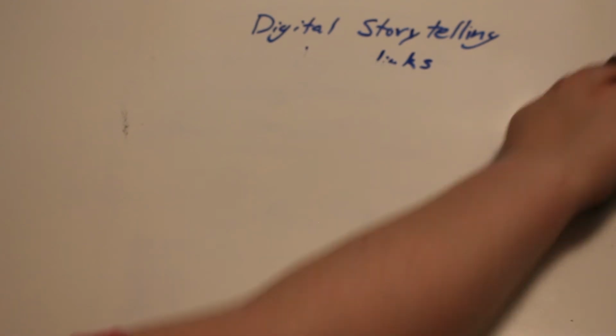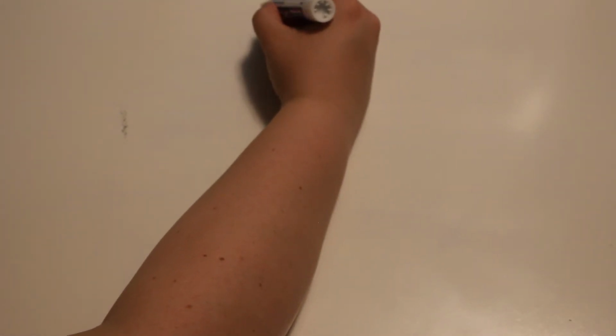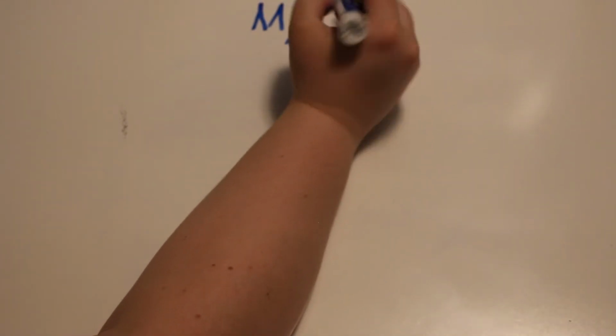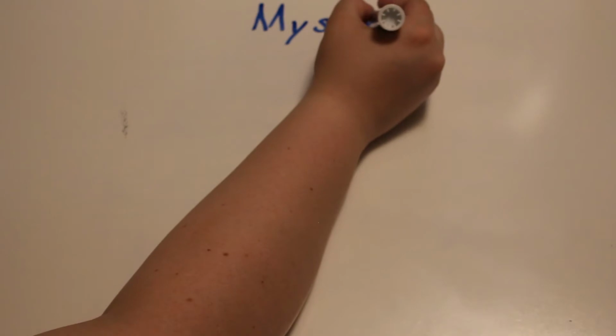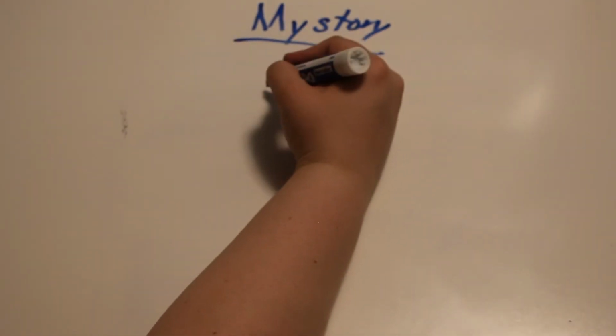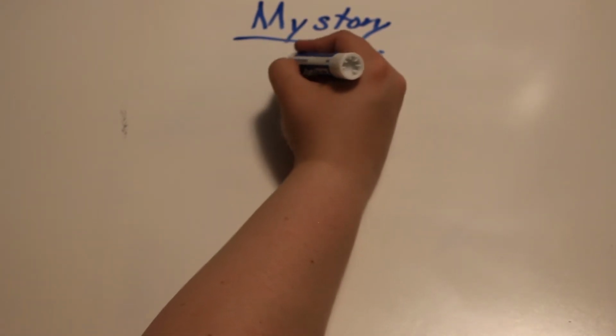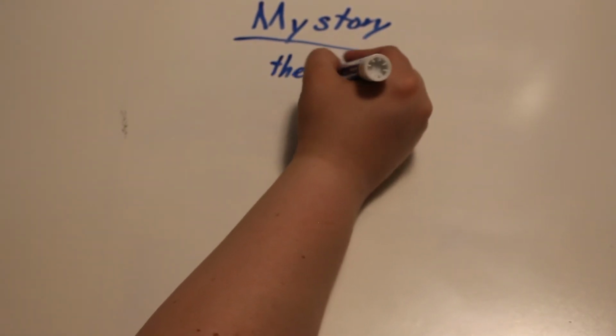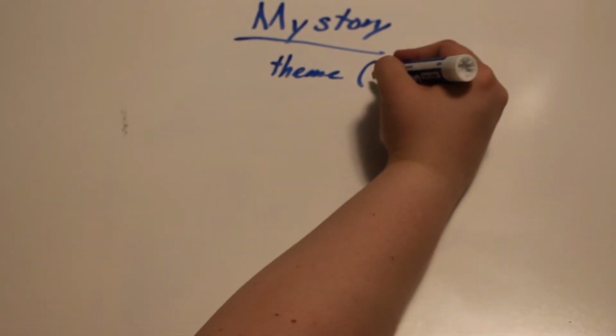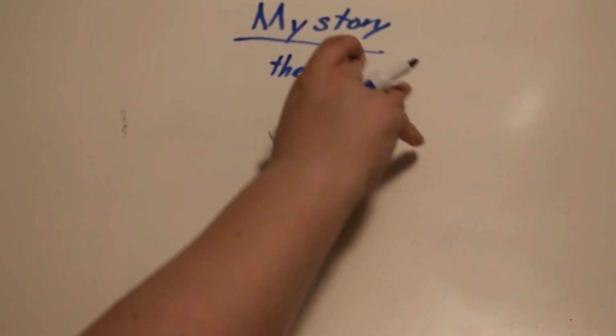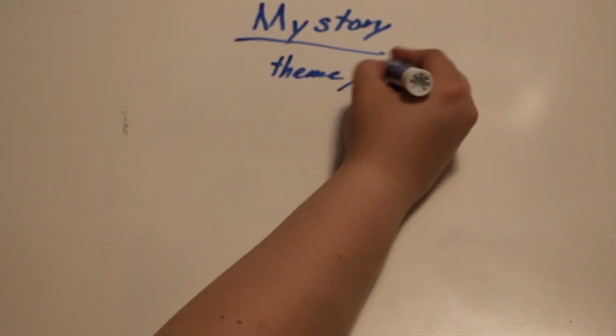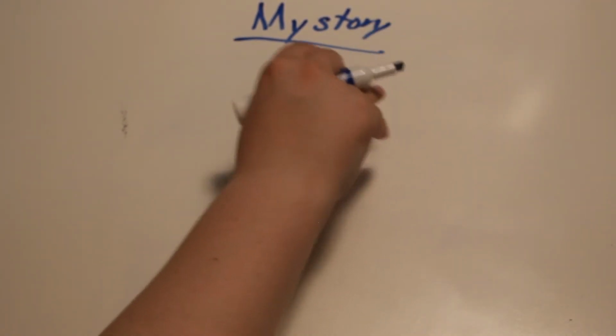Which leads us to a new type of story format, called a My Story, not to be confused with MySpace. Now, this is all one word. And this is where you find a theme, say a theme or also a metaphor. Oh, actually you need both. My bad.